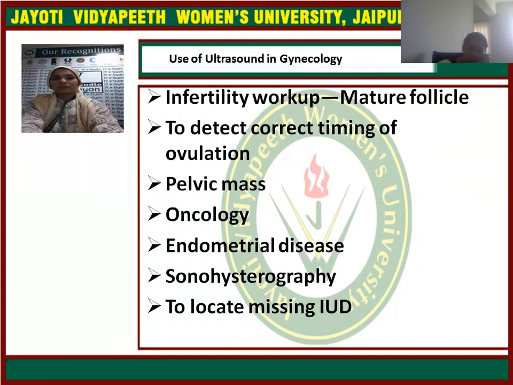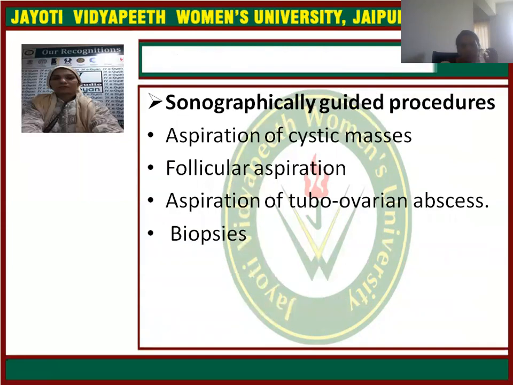Endometriosis and adenomyosis can be diagnosed. Sonography is one of the methods where we can diagnose any pathology inside the uterus. To locate a missing intrauterine device, if it is missing, we can use ultrasound. These are the uses of ultrasound in gynecology.